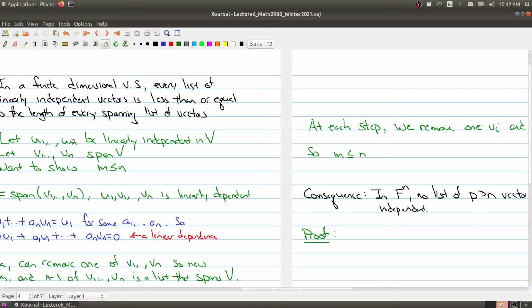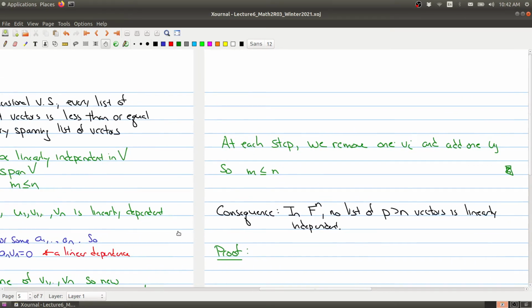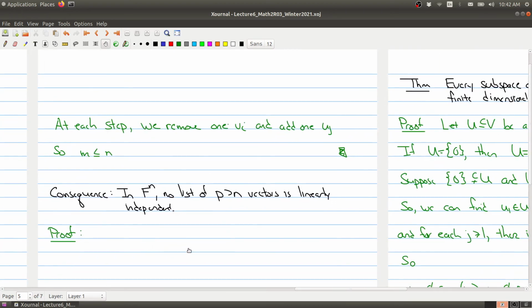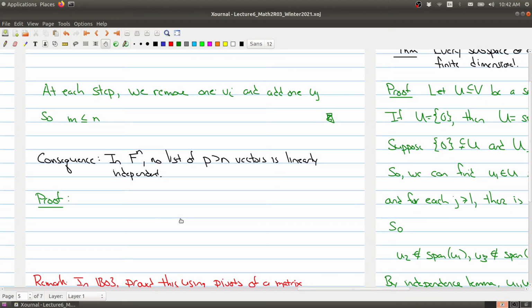So that means if we have M UIs, then we have to have at least M VIs because each of them are getting replaced at each step. So we end up with M less than or equal to N. Okay. It's a bit of a complicated proof.